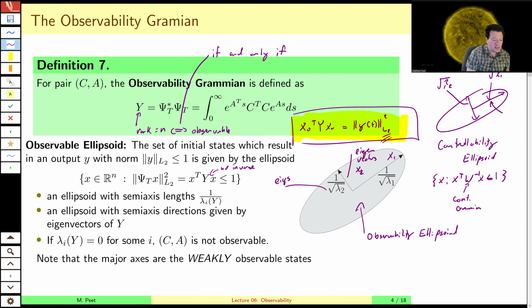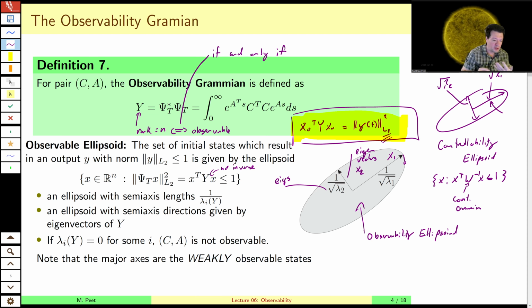So again, the interpretation is fairly straightforward. This envelope tells you, what does it tell you? It tells you that these are the sets of points, well, the edge of the envelope at least, is a set of points which produce an output of size 1.